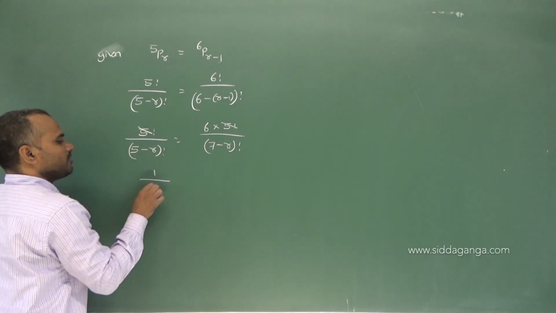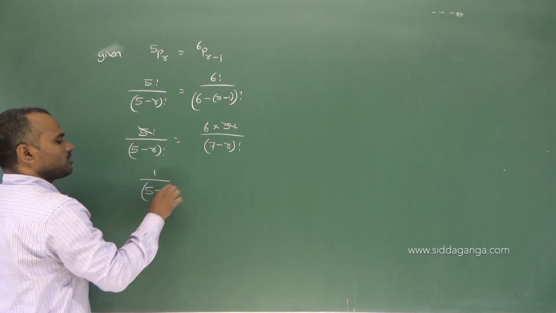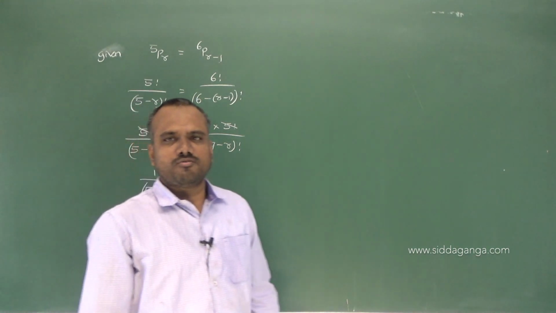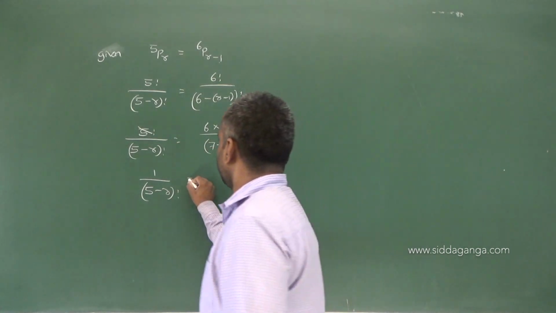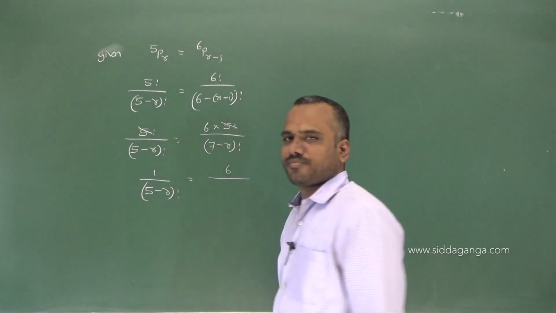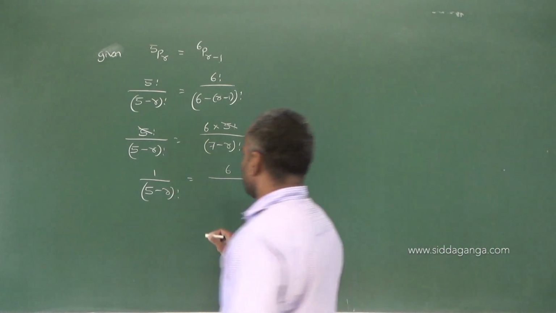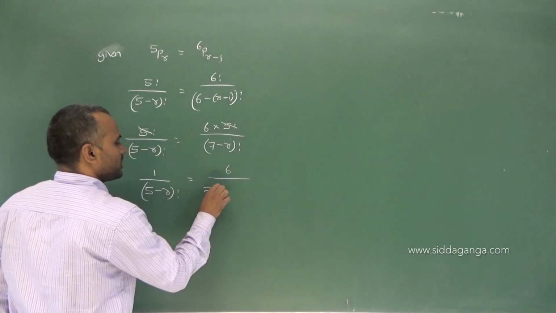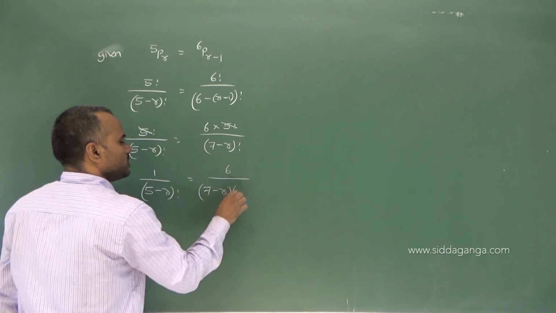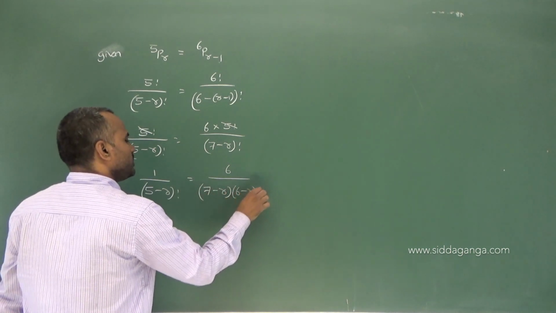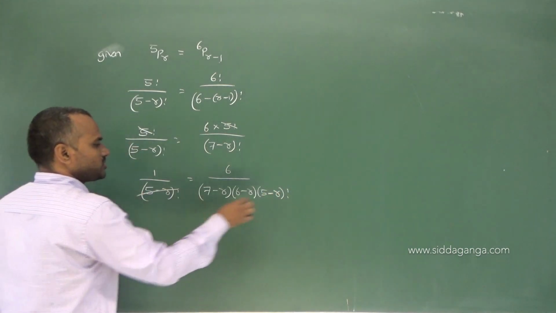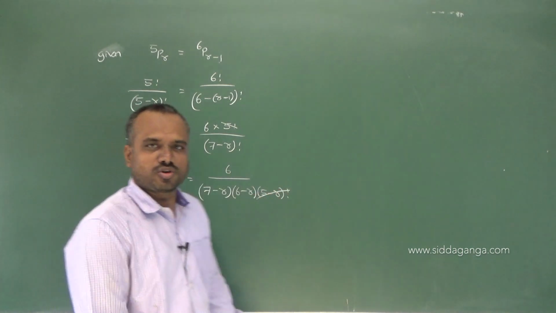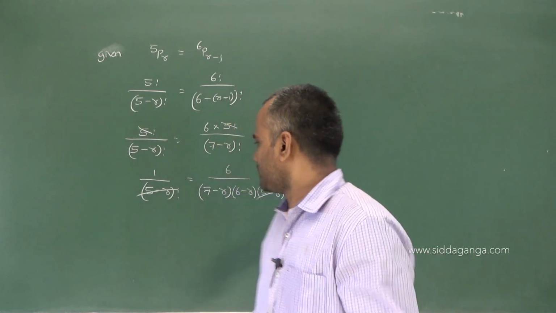1 divided by (5-r) factorial equals 6 divided by (7-r) factorial, we can write as (7-r)(6-r) into (5-r) factorial. The (5-r) factorial gets cancelled.